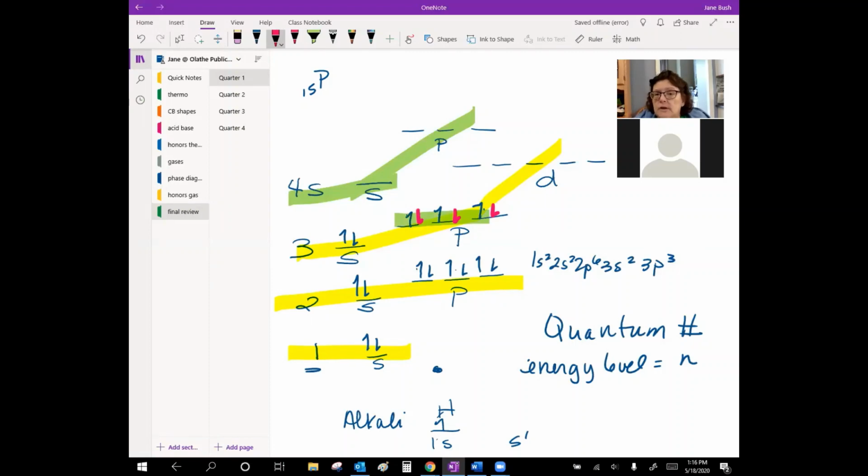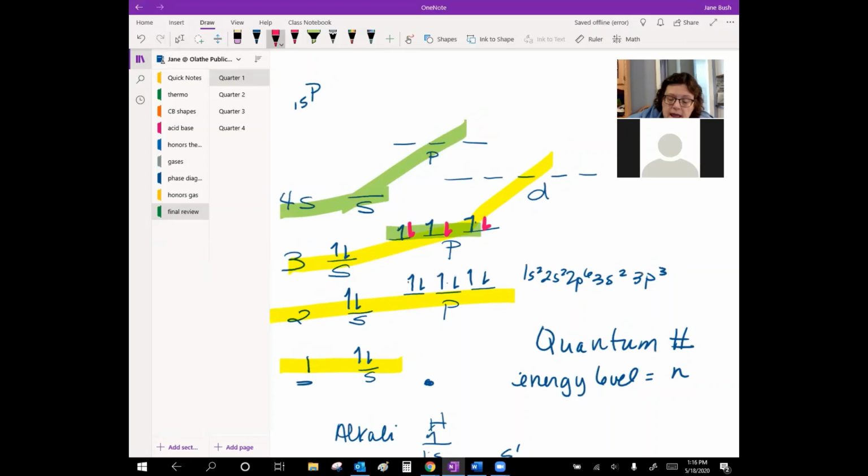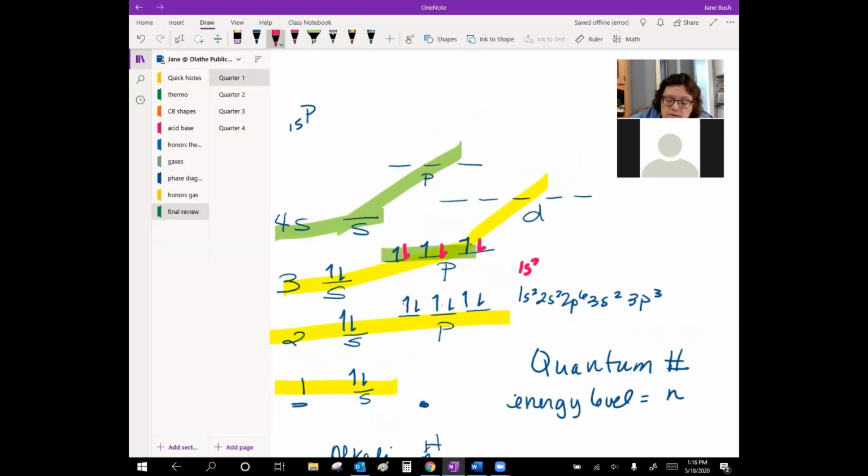So if we figured out phosphorus's electron configuration, now it's 1s2, 2s2, 2p6, 3s2, 3p6. This would be phosphorus with a -3 charge. That's a neutral phosphorus. So if you have a question about an ion and it says, what's the electron configuration of sodium?